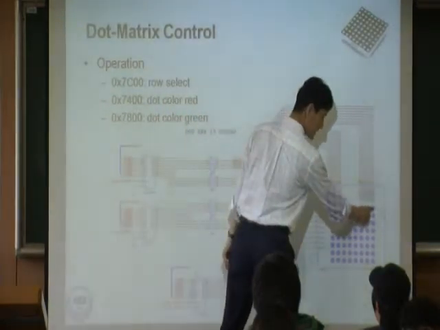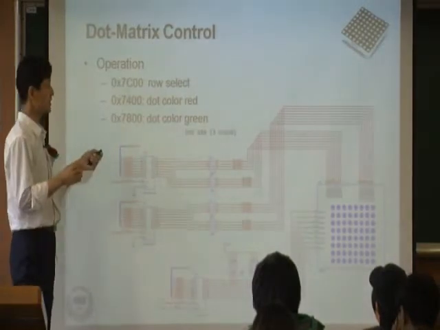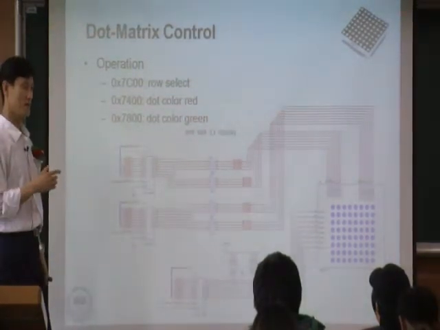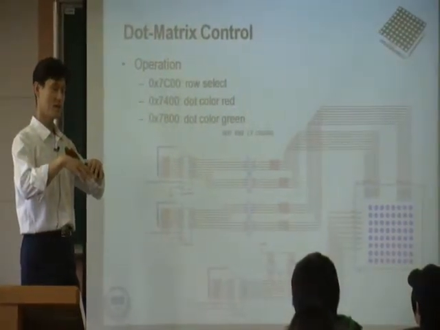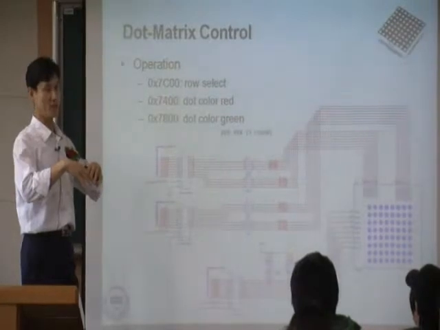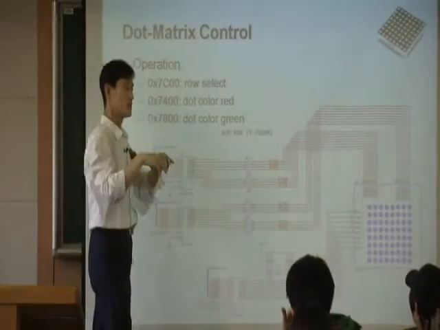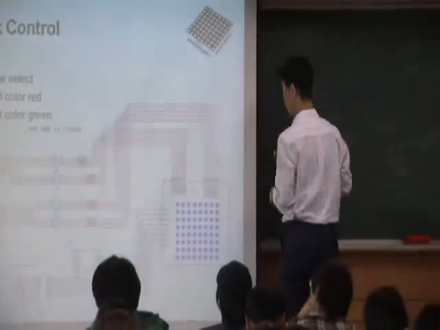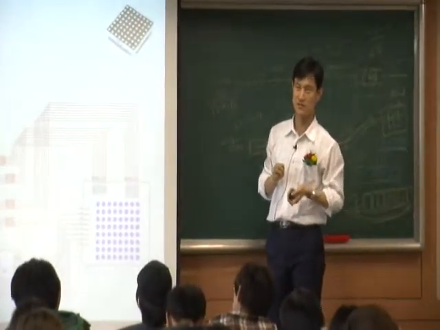Each LED right here can only display green and red. But when you mix the green and red, we call it an amber color. It's like orange, okay? So including that amber color, you can display 3 different colors: red, green, and a mix of red and green, orange.